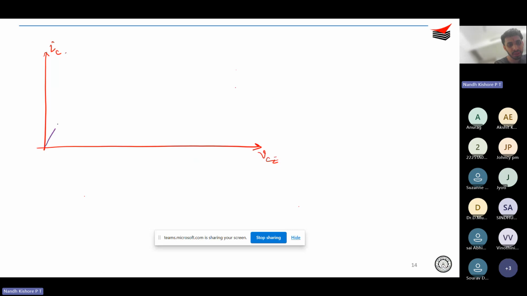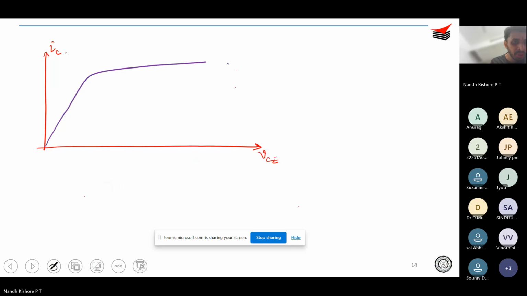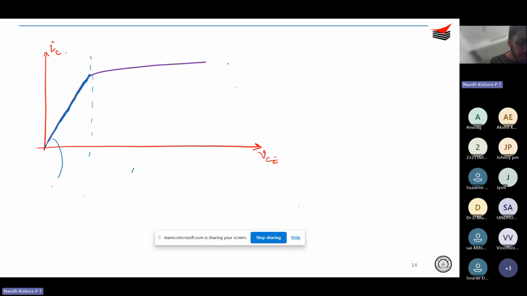So let's say we have something like this. In this particular region, till this point, this linear region is going to be your saturation region.